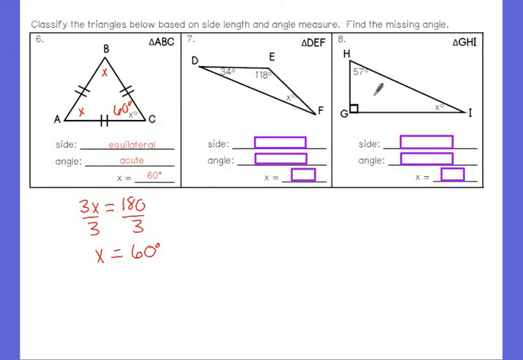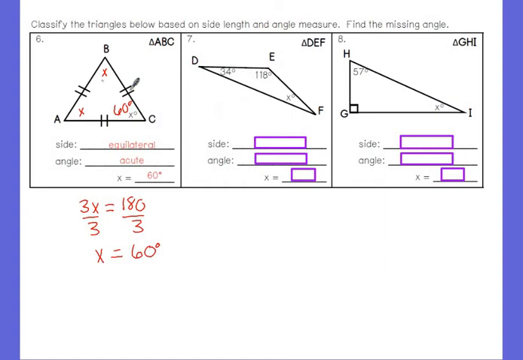Okay, try 7 and 8. Then we'll play the video and see your answer. Okay, by sides I don't really see any tick marks or anything, and I'm not really sure if it's a scalene or an isosceles.